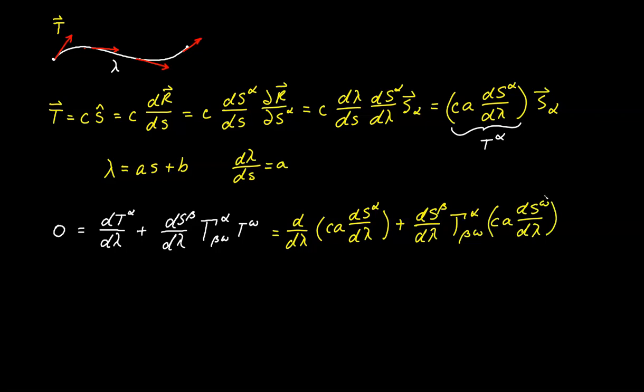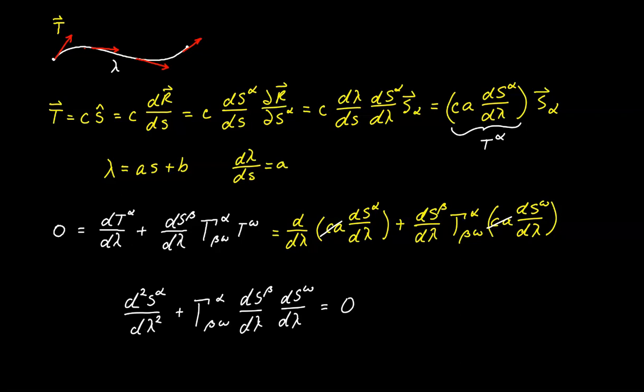And of course I had to use index omega here to match omega in this term. Well, the constants c and a exist in both terms, so we can divide that out of the expression and simplify to give us our final form. Of course, by now you recognize this as our expression for a geodesic.